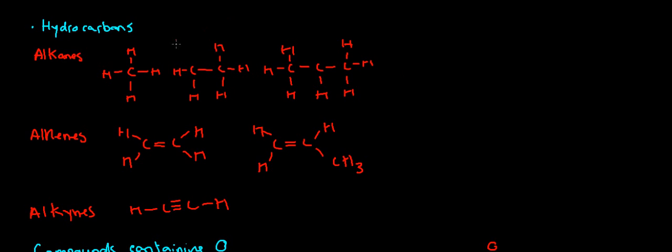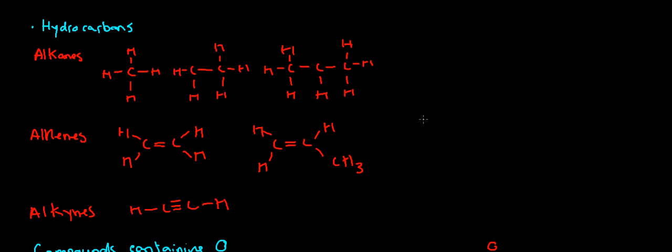This is an alkane, carbon-carbon single bonds. Alkenes are similar to alkanes, but they have a carbon-carbon double bond. And it doesn't matter how many carbon-carbon double bonds there are. As long as there is one, it is an alkene. So here is an example of one that has a single carbon-carbon double bond. And here is a carbon-carbon double bond, but also a carbon-carbon single bond. It is still an alkene.